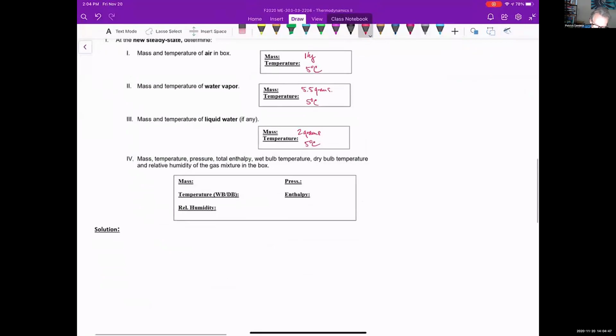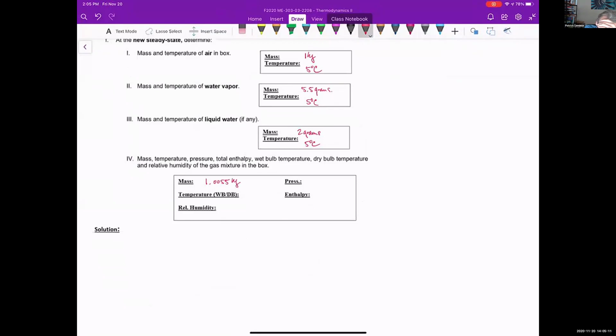And at the very end, mass, temperature, pressure, total enthalpy of the gas mixture in the box. Well, we squeezed 2 grams out of everything else. So we start off with 1 kilogram of dry air and 7.5 grams of water. So we're going to end up with 1.0055 kilogram of mixture.